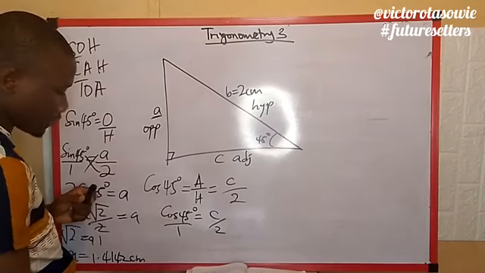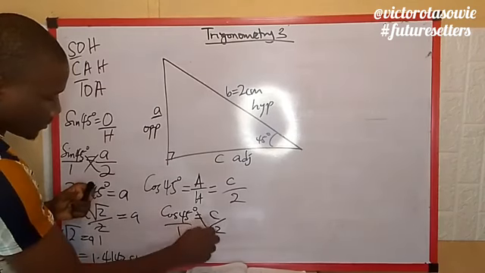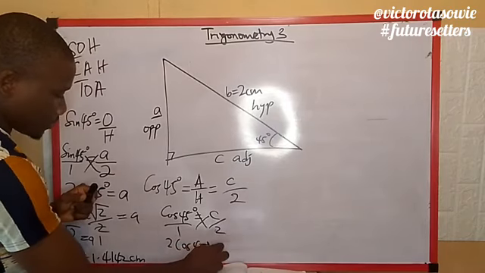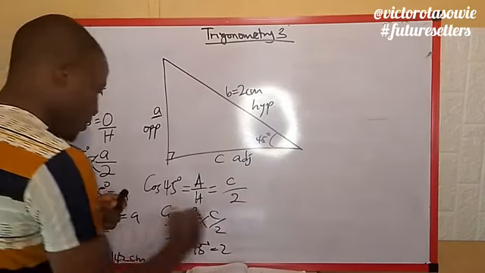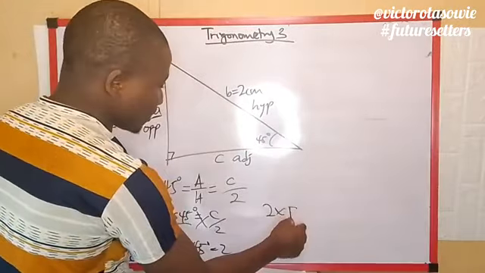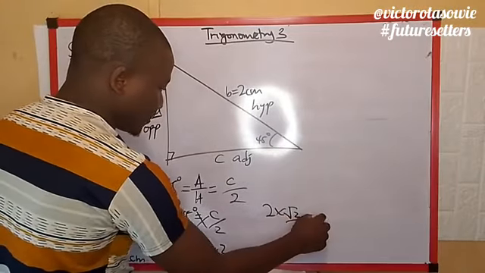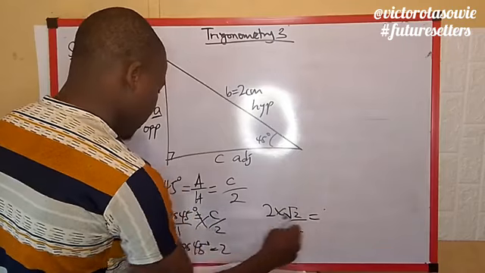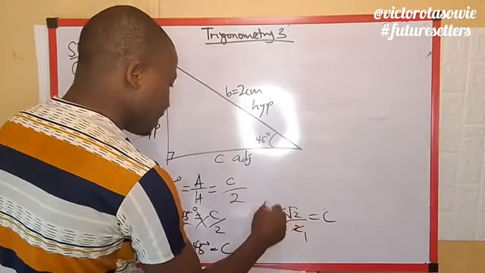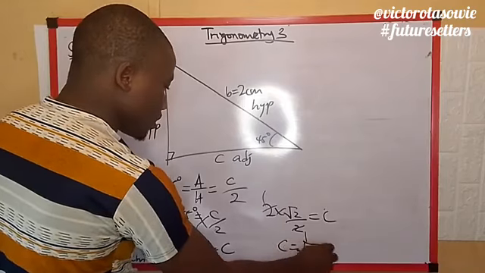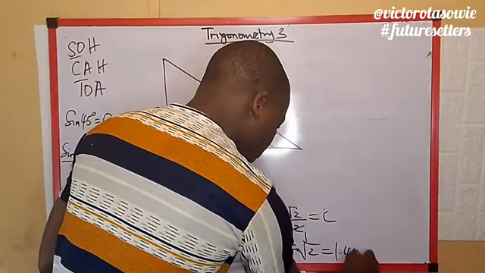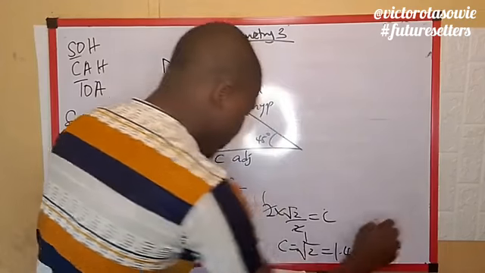So 2 cos 45 degrees is equal to C. From there, we are going to get the same answer, which is 2 times cos 45. Remember that cos 45 and sine 45 are the same. So C is equal to root 2. And if you use your calculator to check what root 2 is, root 2 is 1.4142 centimeter.